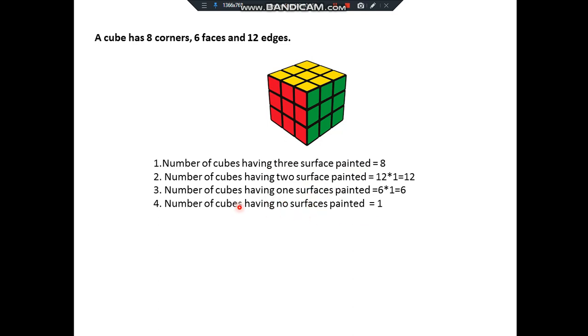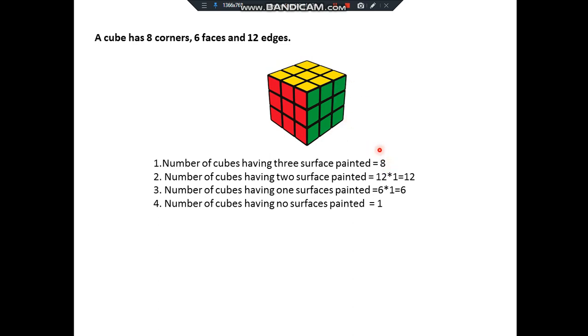These are the common questions asked, so we'll see how to find them. Number of cubes having 3 surfaces painted means all 3 surfaces of the cube are painted. We have 4 at the top and 4 at the bottom, totally 8.